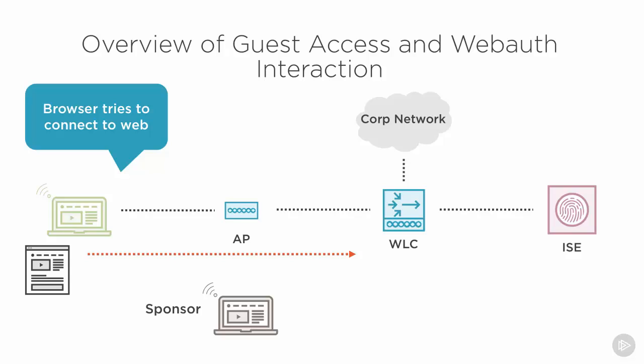One thing I should point out ahead of time is that the access point and the controller, the way that they're configured for this guest access generally to work, is they're configured with an open SSID. Anybody can connect to it, but to get through that controller, you're going to have to authenticate. So we don't have to worry about WPA2 or any of that kind of stuff.